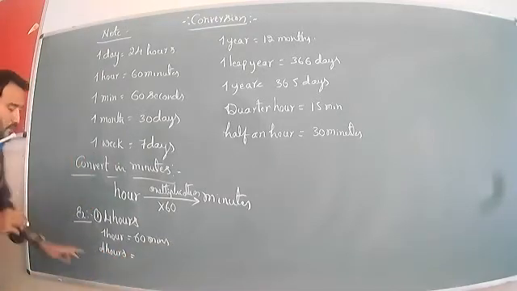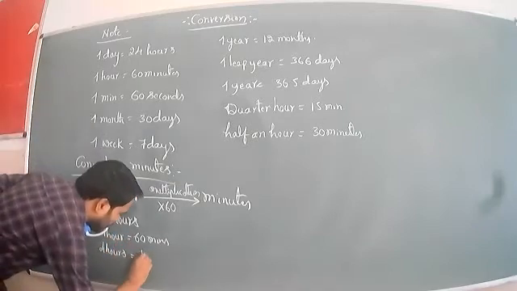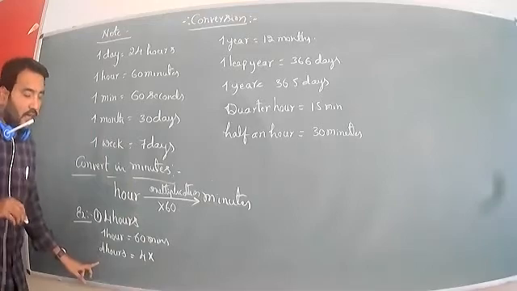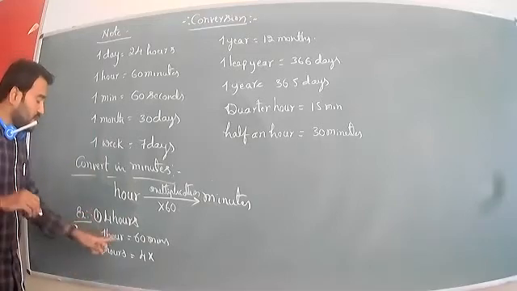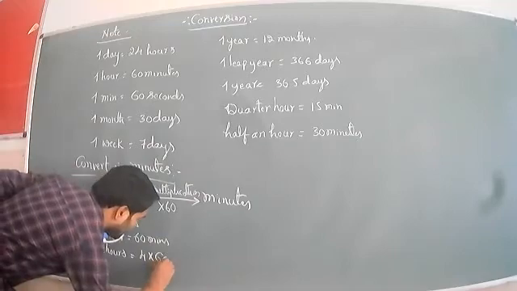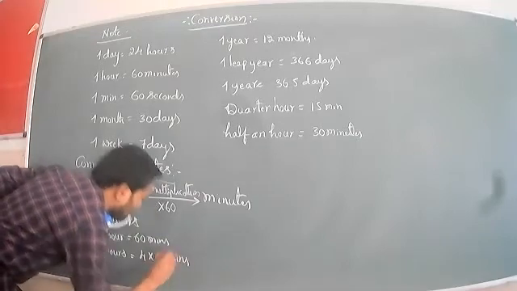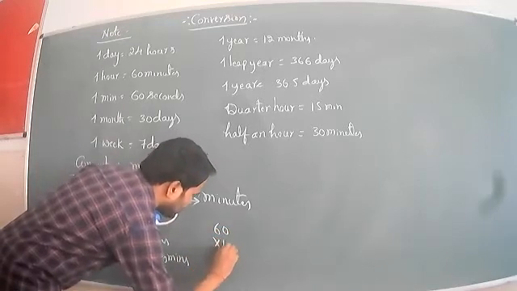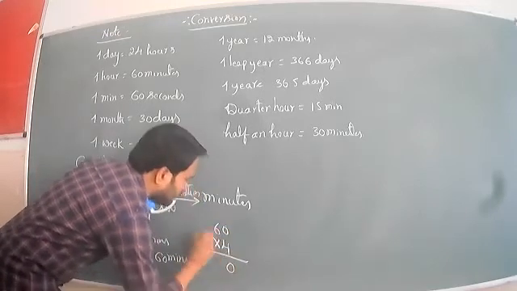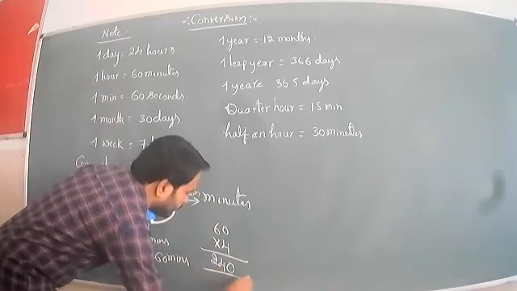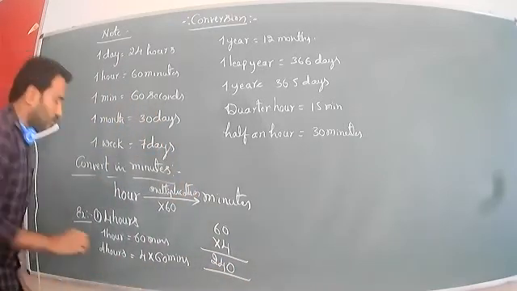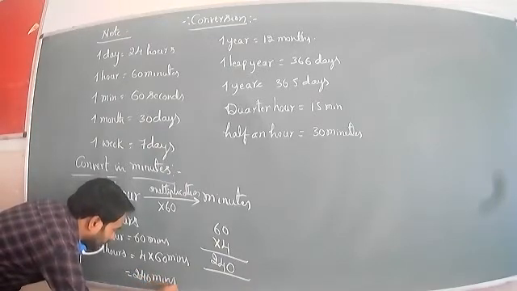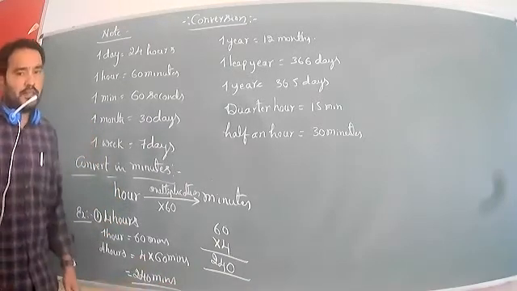Number of hours is 4, and 1 hour equals 60 minutes, so we multiply 60 into 4. 4 zeros are 0, 4 sixes are 24. The answer is 240 minutes.